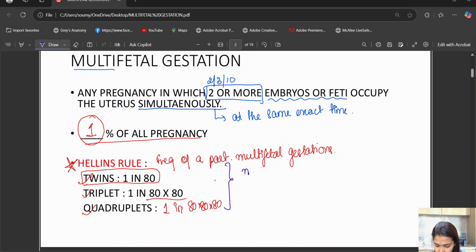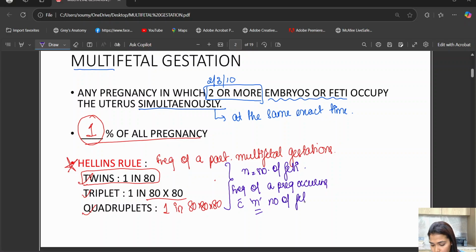I'm saying if n is the number of feti, then the frequency of a pregnancy occurring with n number of feti is 1 in 80 raised to the power n minus 1.